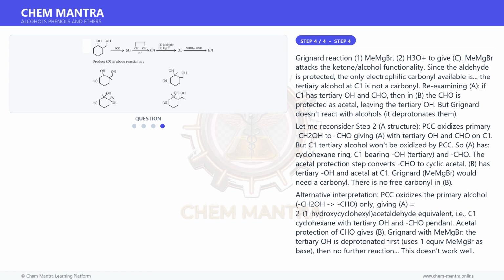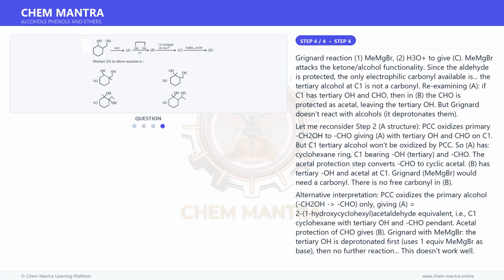A is 2-formylcyclohexanone. Ethylene glycol plus H+ forms acetals preferentially with aldehydes over ketones, so CHO is selectively protected. B is the 2-(1,3-dioxolan-2-yl)cyclohexanone, aldehyde protected as acetal, ketone free.